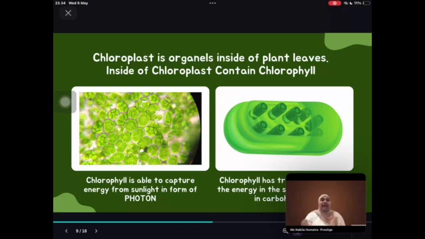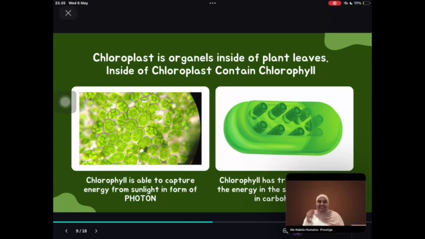Plants must have this pigment to do a special process that I mentioned to you at the first meeting, a special work, a very great character in plants, that is photosynthesis.